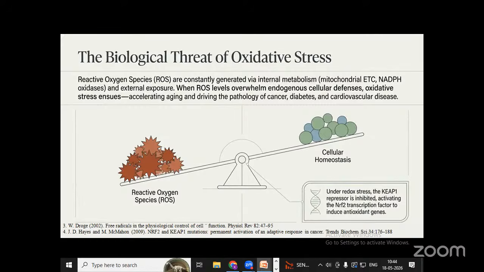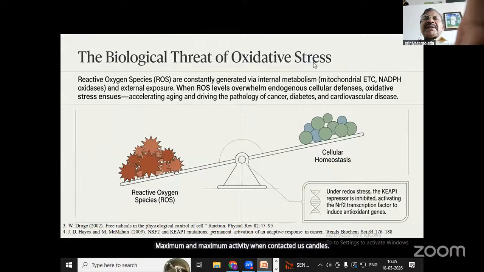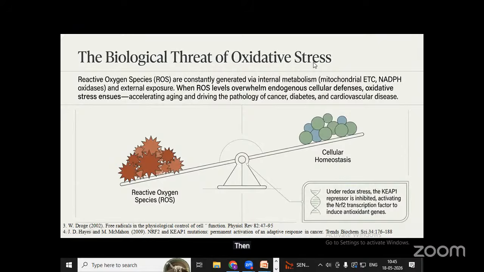In natural products, there is no standard that should be compared with one chemical agent. That's why we want to identify the chemical agent which has the maximum antioxidant activity when compared with the standard. Then, what is the threat of oxidative stress?